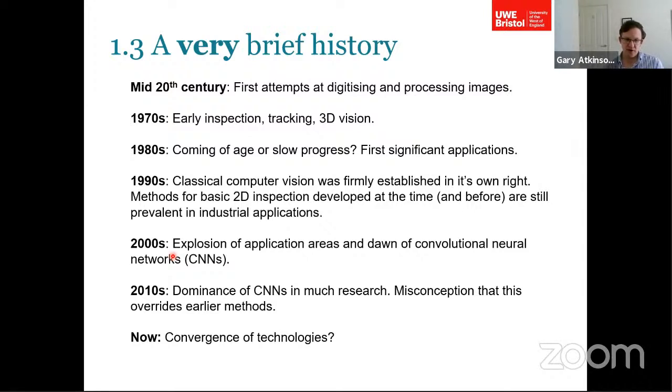What we're finding now when we're applying these techniques to industrial applications is it's a bit of a mishmash between very basic methods that have been around for 30 years and these super high speed, memory intensive, computationally intensive CNNs. So we've got a bit of a convergence of very old versus very new methods. I think it's quite a remarkable time for the field.